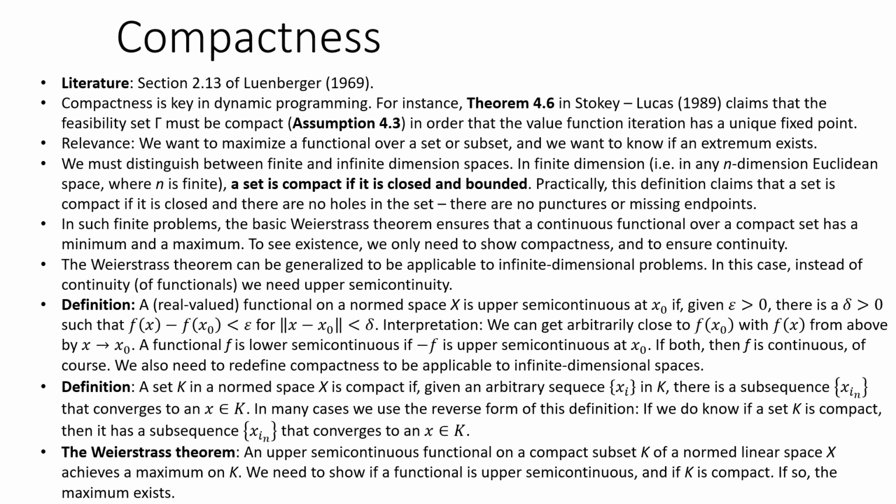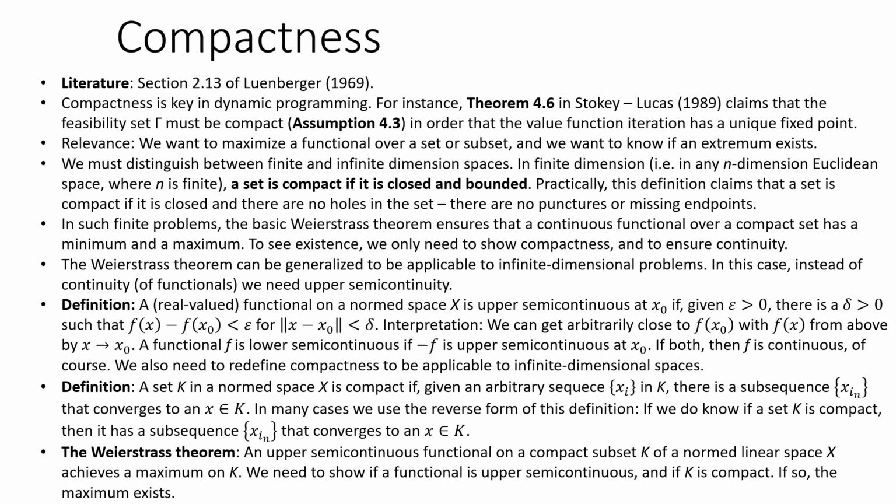So why is it important to us in maximization problems in general? In many cases, we want to maximize a functional over a set or subset, and we want to know if a minimum or a maximum exists. In simpler cases, the basic form of the Weierstrass theorem helps, but we must distinguish between finite and infinite dimensional spaces.